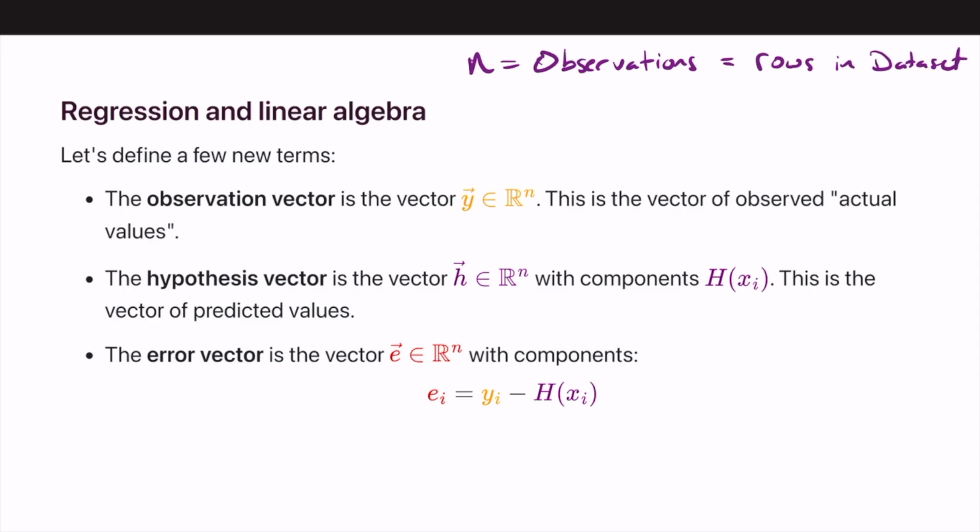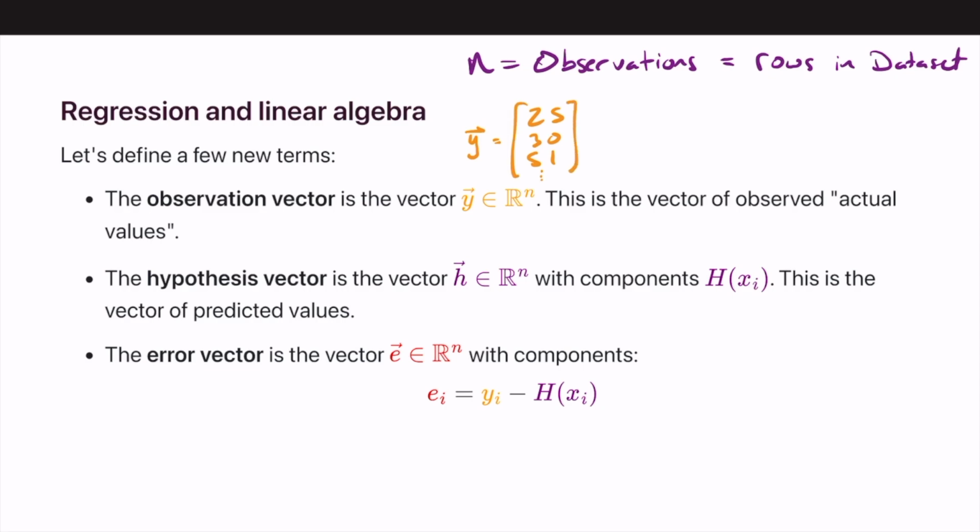Our observation vector is just a vector that we have, which is reality, essentially like how many minutes it actually took us to go to school from home. So in this case, it would be equal to, I don't know, 25, 30, and 51, so on and so forth.